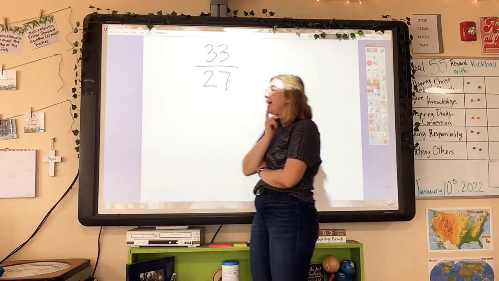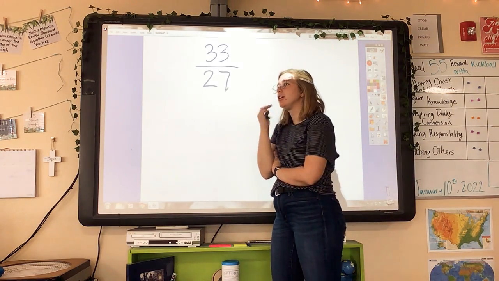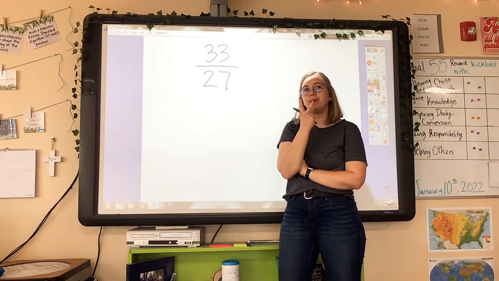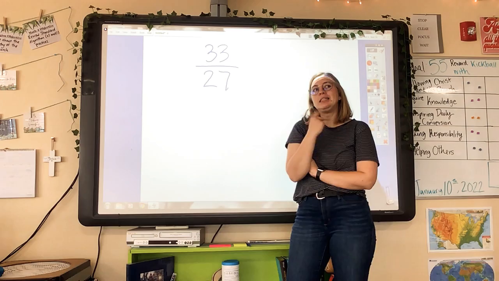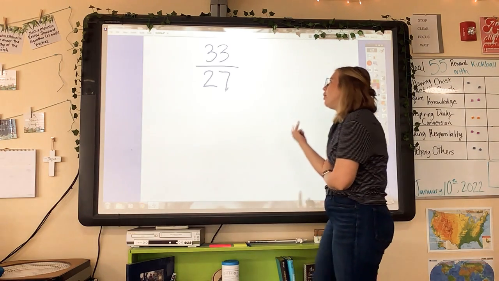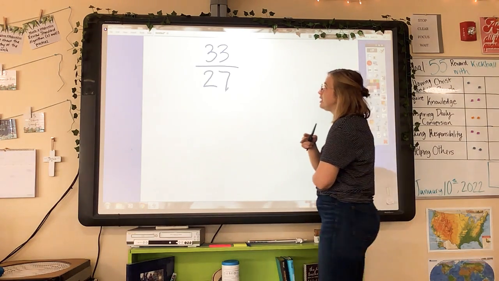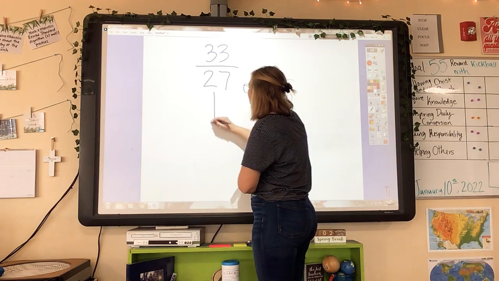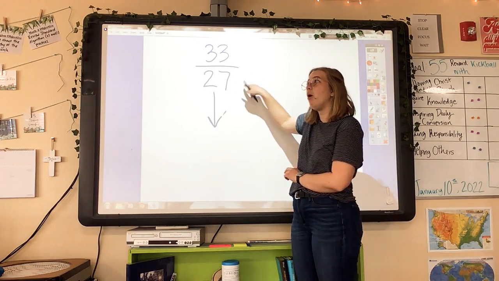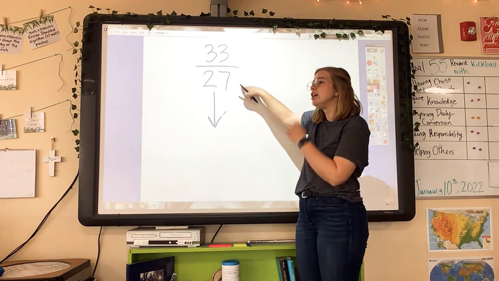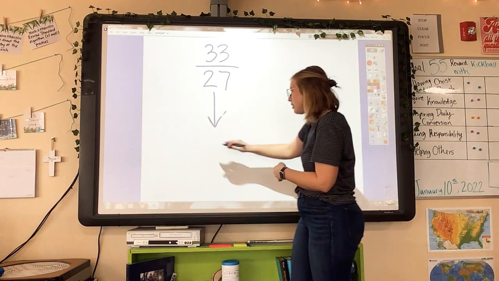What I would do there, and you guys are familiar with this, so there are two ways that you can do it. And you're essentially doing the same thing in both of them, but just kind of looking at it a little differently. So one way that you guys have already learned is by first making a whole with this. So the unit is 27. To make a whole with this unit, I would need 27 27ths, right?